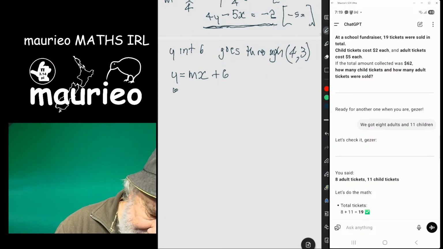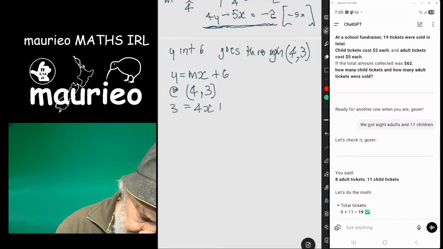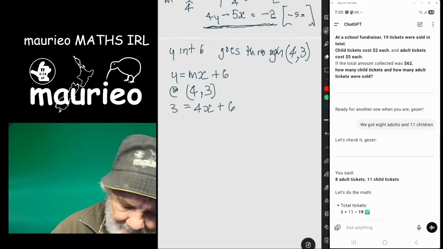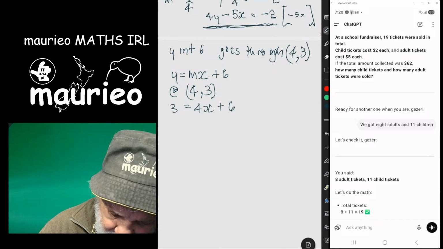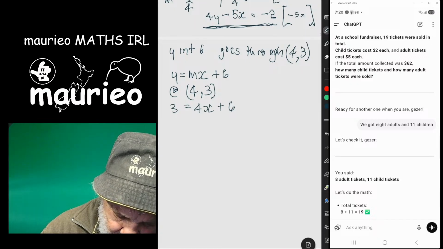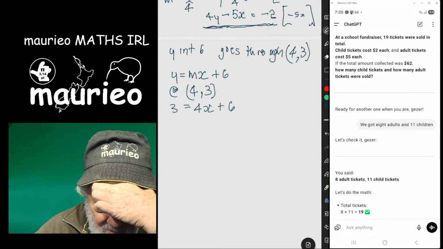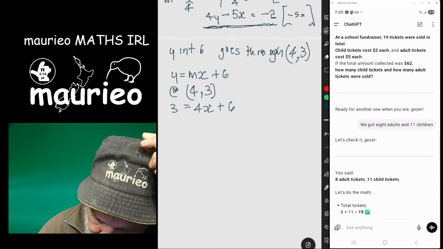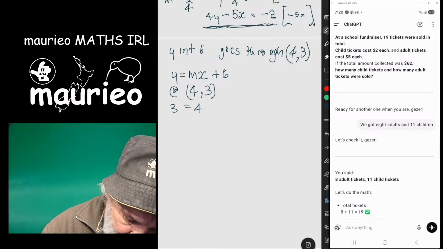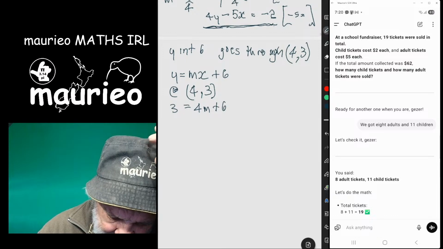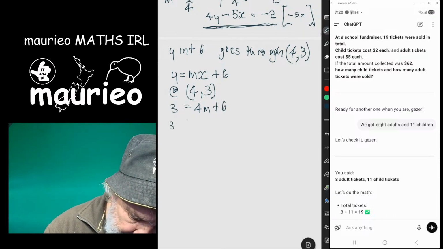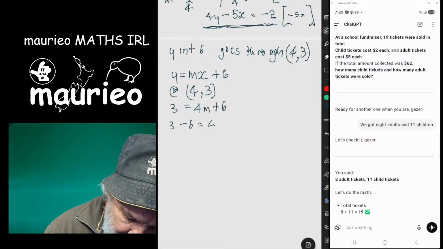Okay, and then at 4, 3, we get 3 equals 4m plus 6. And so we get 3 minus 6 equals 4m.